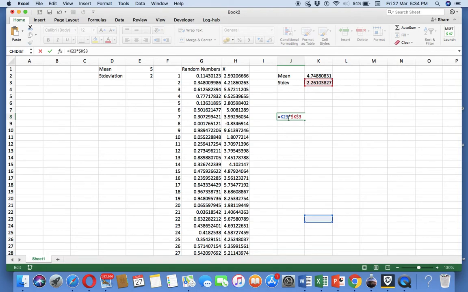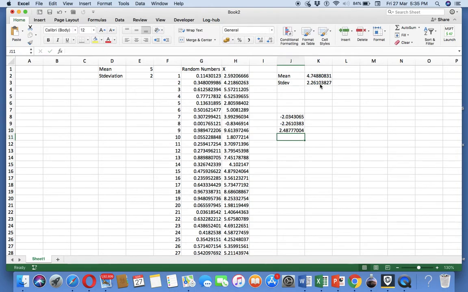Minus 3 standard deviation. Then I will say equal to mean minus 2 standard deviation. Mean minus 1 standard deviation.